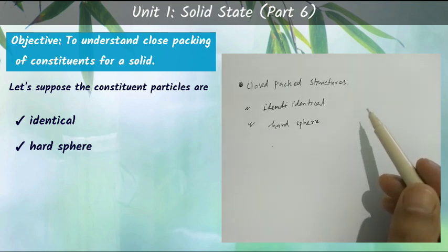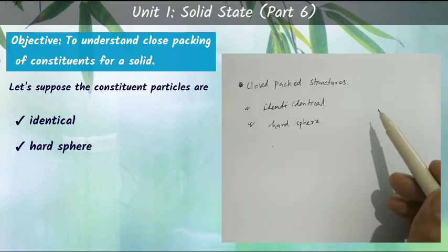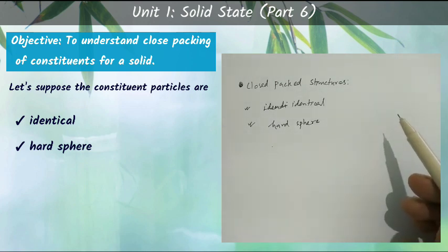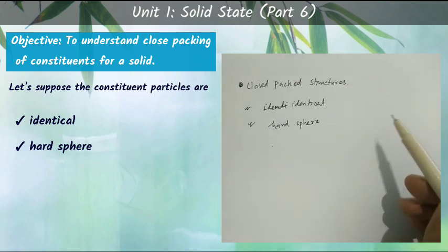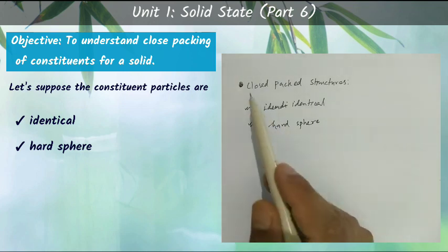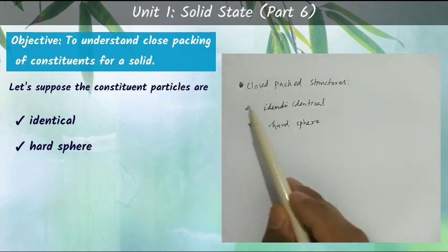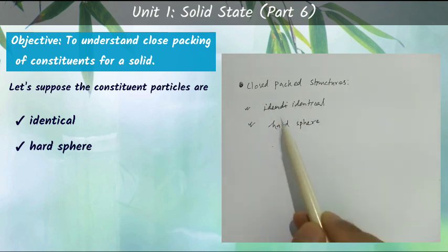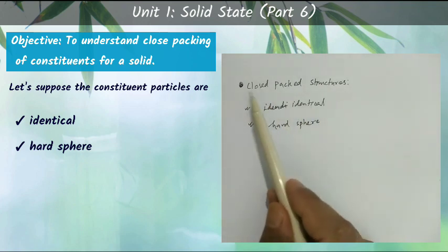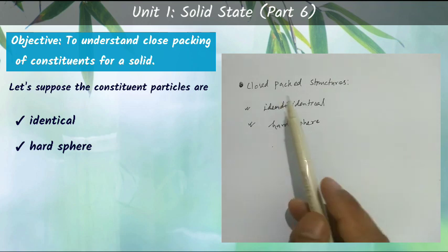There may be some polarization, that means the shape of that orbit may not be a totally hard sphere. Understand? But here we are going to use these two concepts to understand the close packed structure.